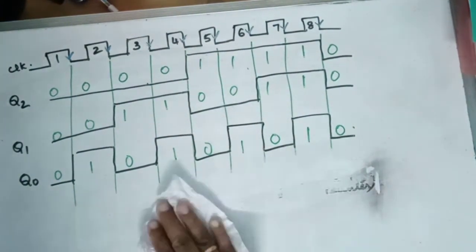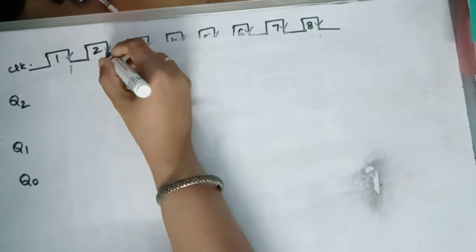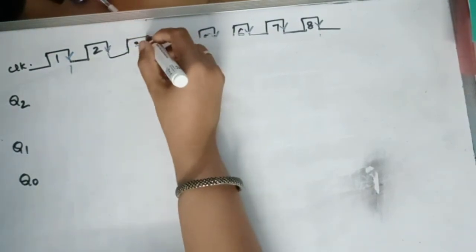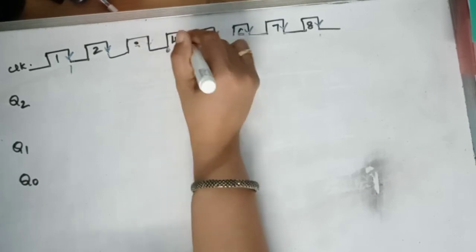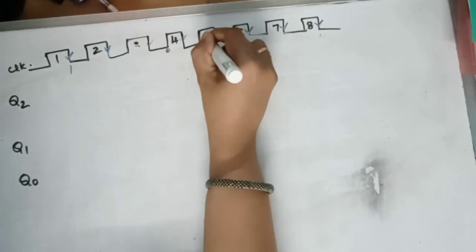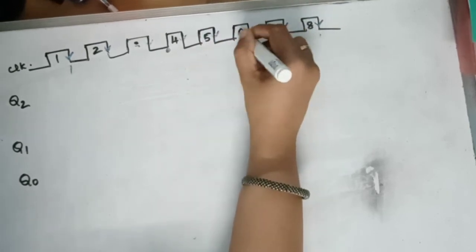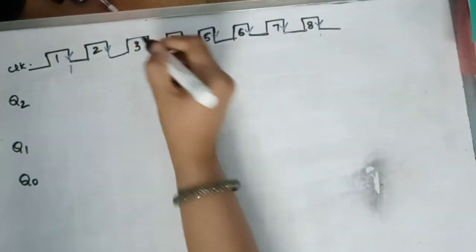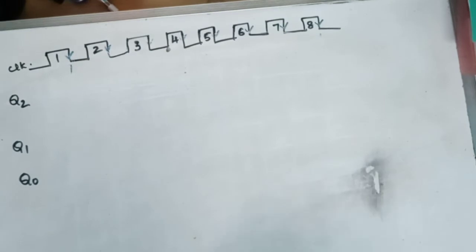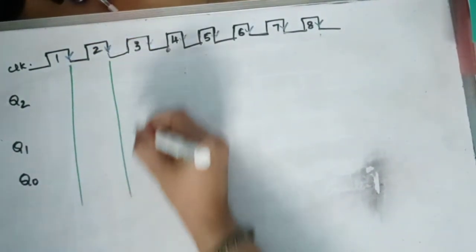If you have to draw the timing diagram for a 3-bit down counter, similarly, again it's the negative edge.